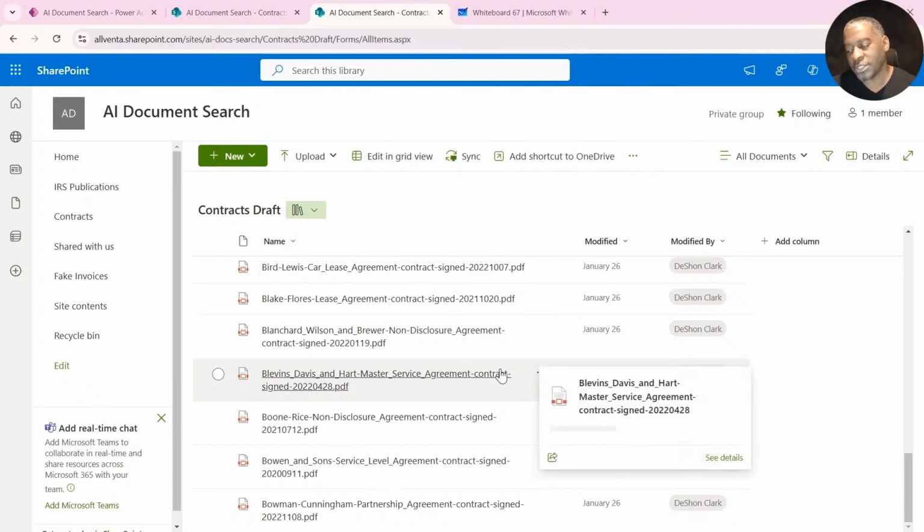What most organizations are doing prior to AI is loading in all these contracts. There's always a challenge, one, to get them all in a centralized location. And then once we have them in a centralized location, we set up some type of Power Platform, Power Automate workflow where these get reviewed.